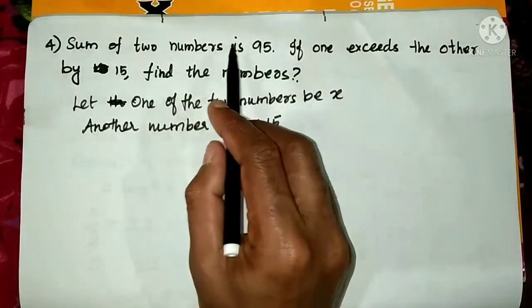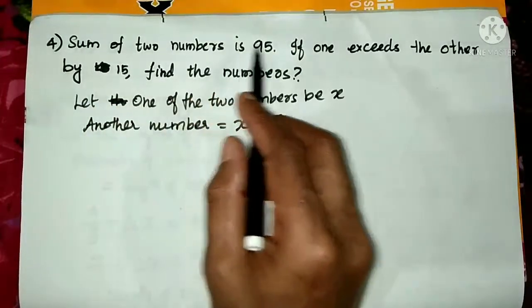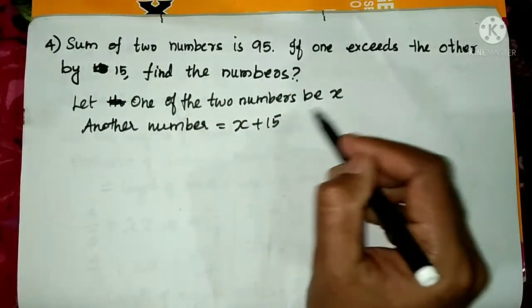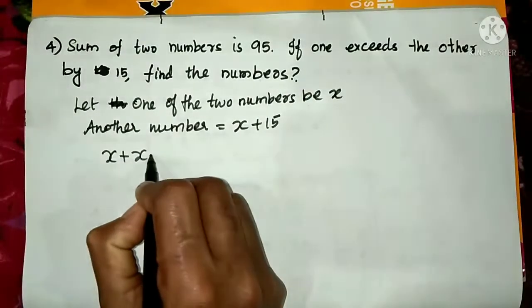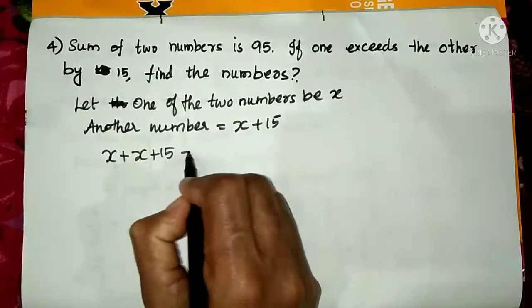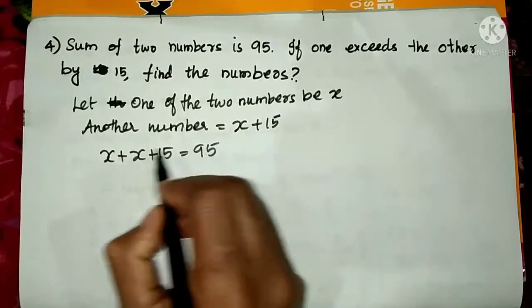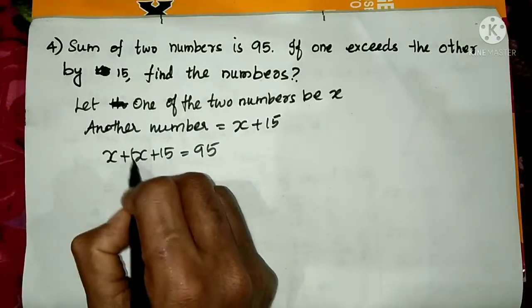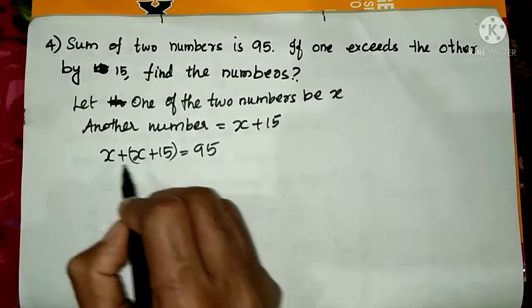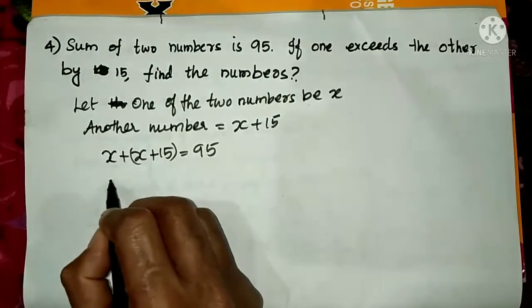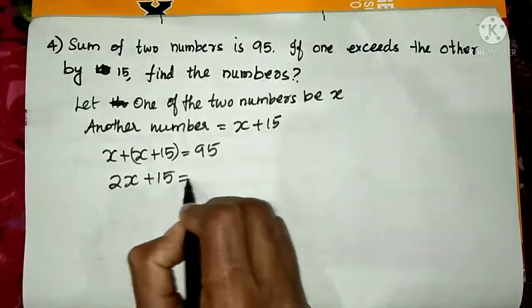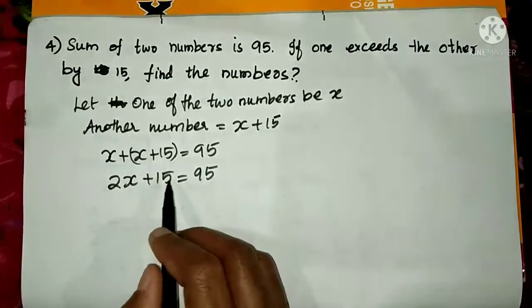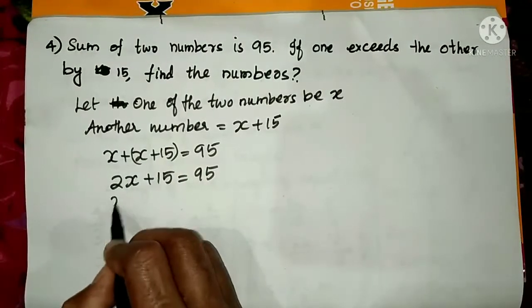Now look at the question. Sum of two numbers is 95. Sum of these two is 95, that is x plus x plus 15 is equal to 95. So this is one number, this is another number. When we add, we get 2x plus 15 is equal to 95. 15 we can send to that side.